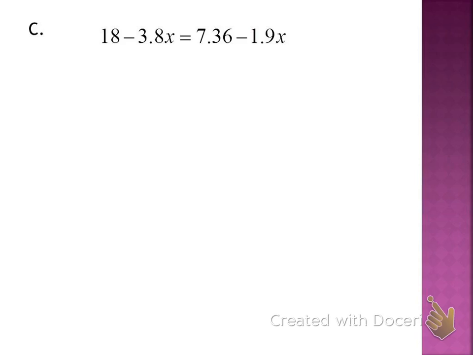All right, now this is a similar trick, but we do it a little differently because we want to get rid of the decimals. How many places after the decimal is there in the one with the most decimals? 2. How do you move a decimal point 2 places? You multiply by 100.